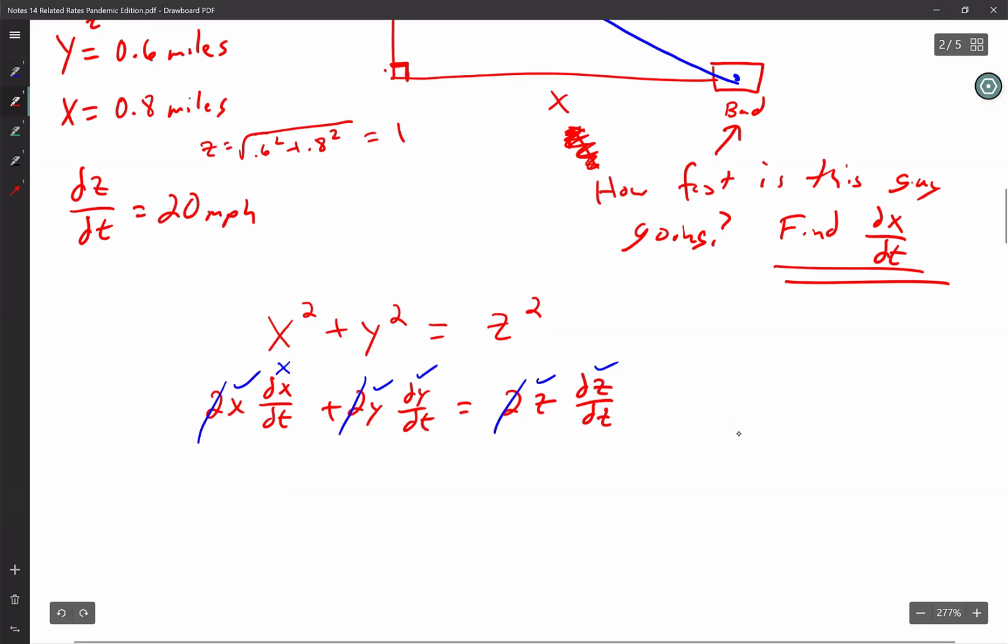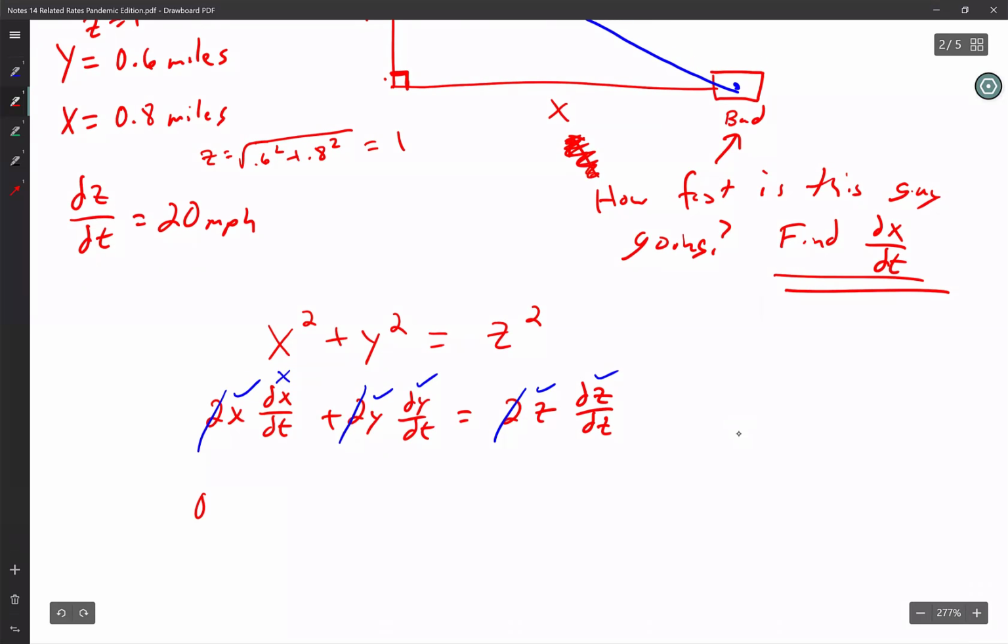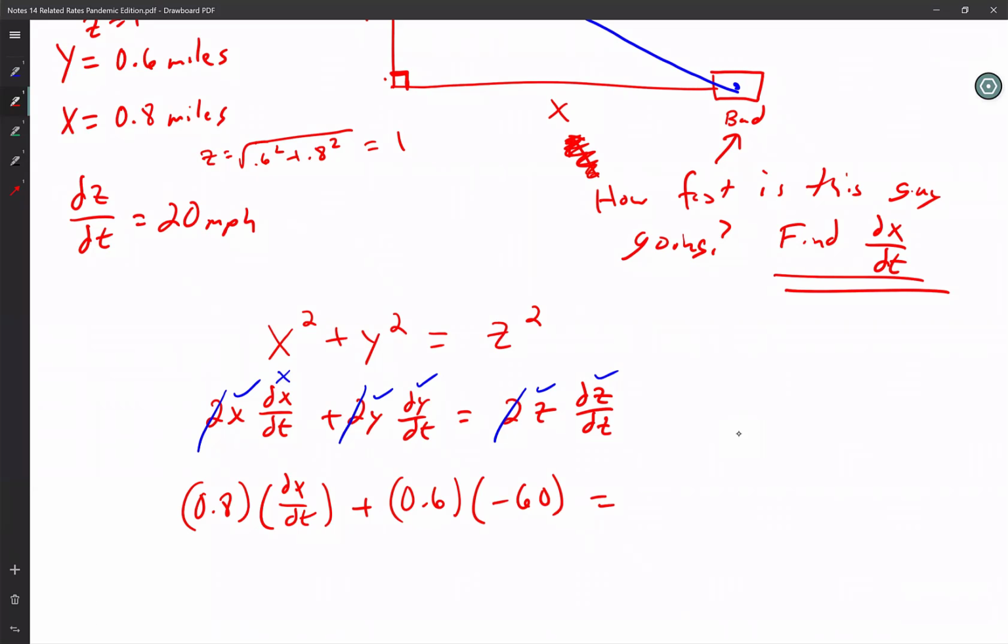So here we go. What was x? 0.8 times dx/dt, which was, oh, that's what we want to know, dx/dt, plus 0.6 times dy/dt, negative 60, equals 1 times 20.